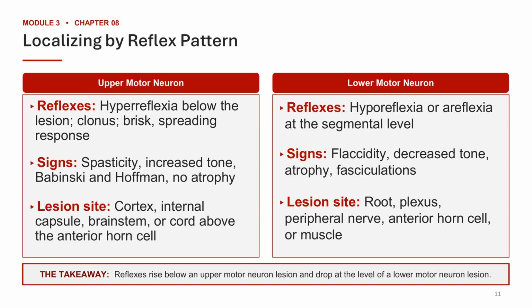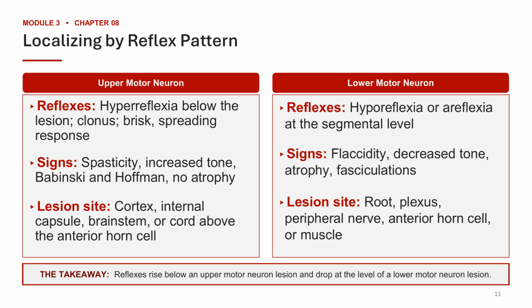The lower motor neuron pattern. Hyporeflexia or areflexia at the segmental level. Flaccidity and decreased tone, and now atrophy and fasciculations because the muscle has genuinely lost its nerve supply. The lesion sits at the root, plexus, peripheral nerve, anterior horn cell, or muscle.